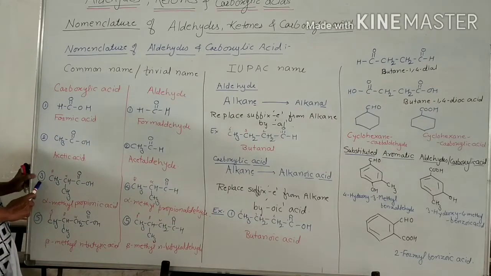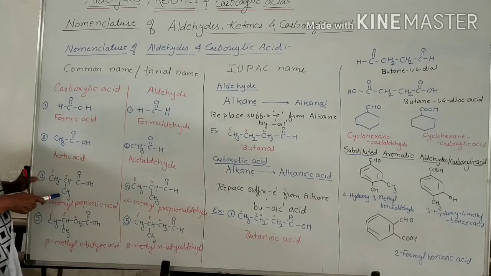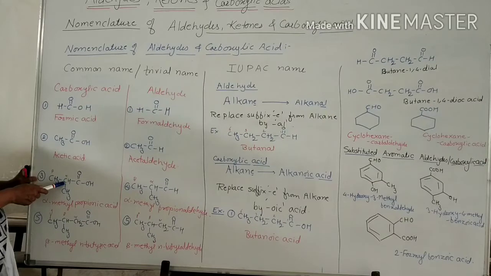Now here, if number of carbon atoms are present in the chain of aldehyde or carboxylic acid and there is branching of any alkyl group or any substituent is present, then the carbon atom which is bonded to carbonyl carbon is named as alpha carbon atom, then beta carbon atom, then gamma, delta, etc. Now in this case, this is isobutyl group.